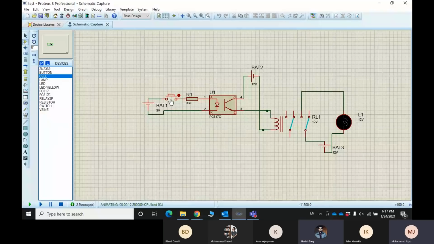Okay, here you can see now it's working. Once I press S1, it switches on the bulb. Okay, and once we turn it off, it turns off.